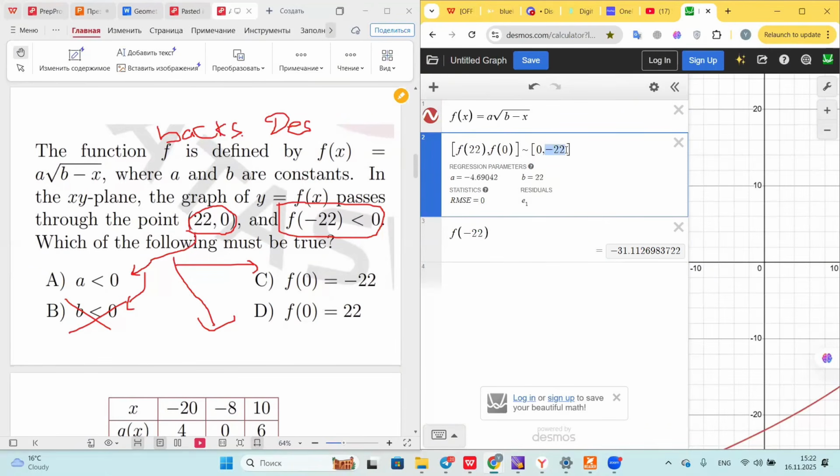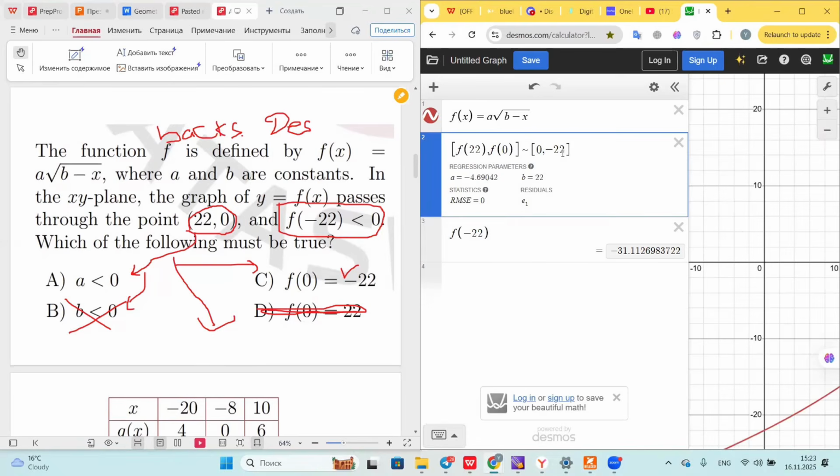This also seems correct because f(-22) is negative, which satisfies us. This one also we should consider. And the last one is f(0) is 22. It gives you something positive, which means incorrect. So this option also will be out.